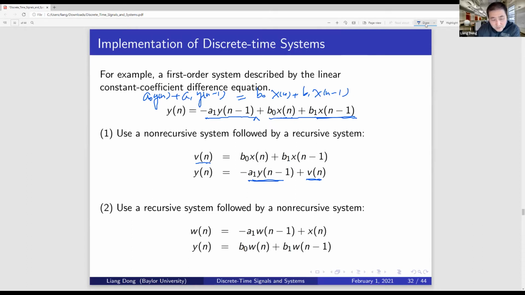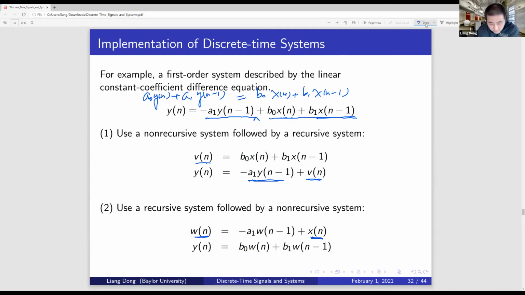The second method is that I use a recursive system followed by a non-recursive system. I do this first. This time I only have one input, x[n]. It comes into this first system, and the intermediate result is w[n]. However, I have a feedback loop: w[n] delayed by one time unit, with a weight of negative a1, is added on. You get this equation.